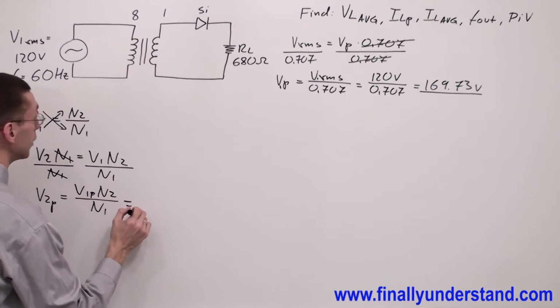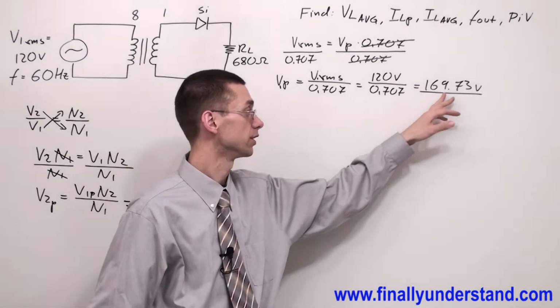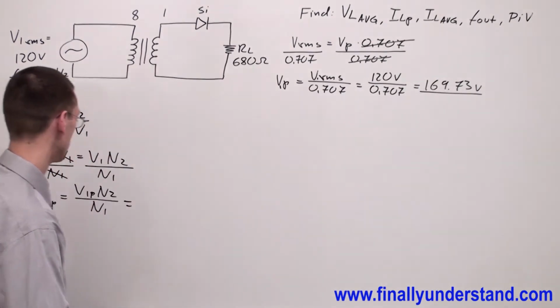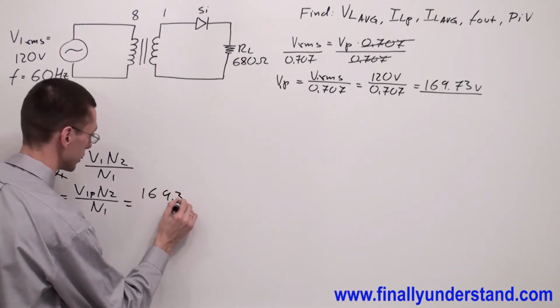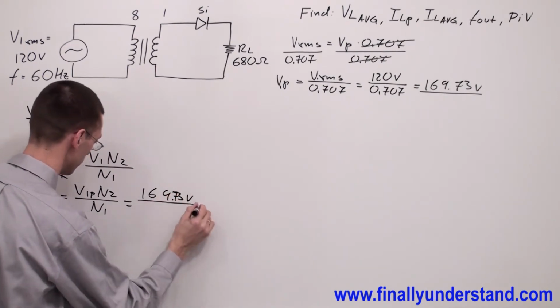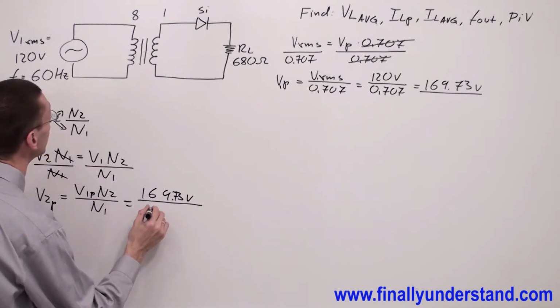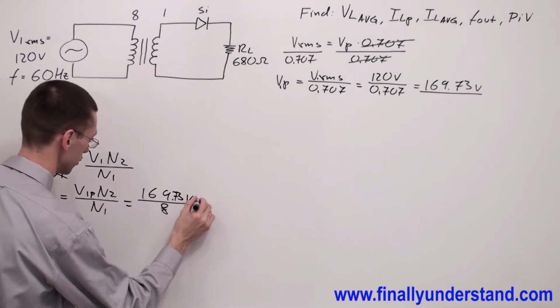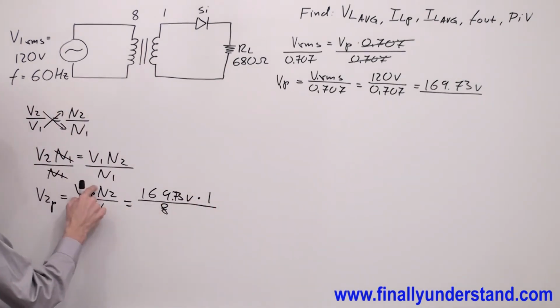So we found the peak primary voltage, which is equal to 169.73 volts. I have 169.73 volts over N1, which is equal to 8, and I have to multiply everything by 1 because I have V primary times N2.